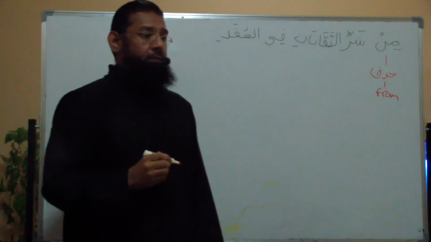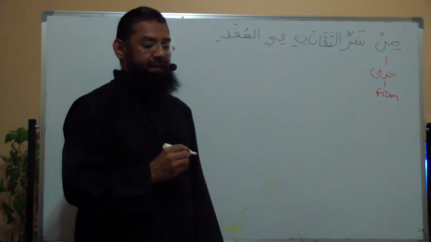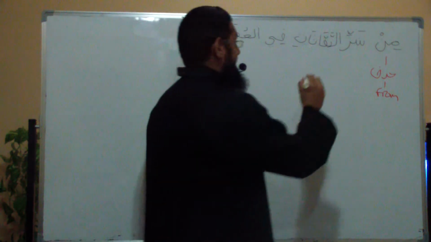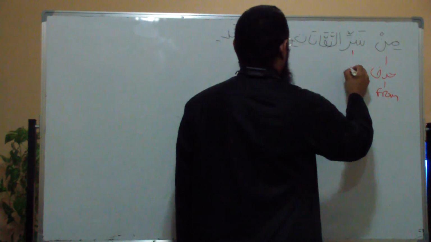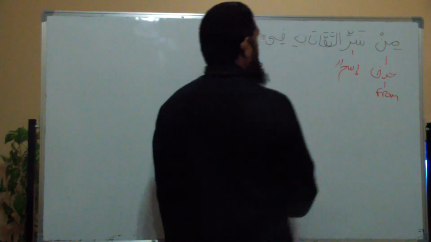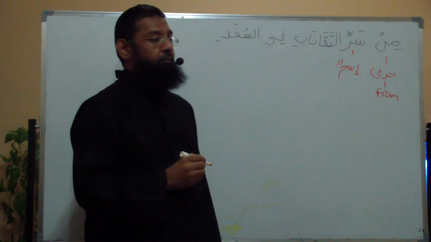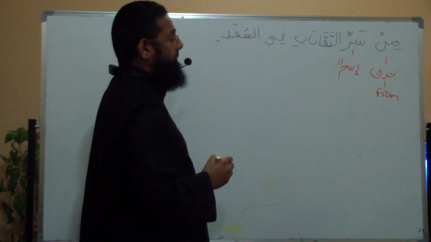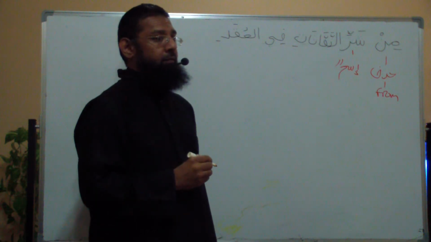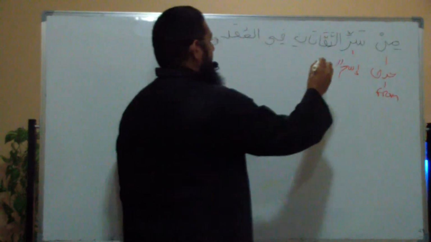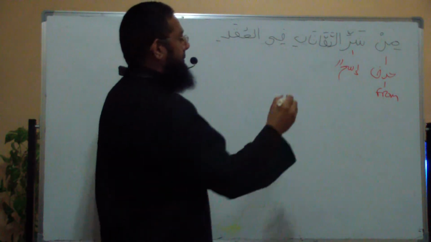Shar, what type of word is that? Ismun. Yes. And what gives you the clue that it might be ismun? You just look at the pattern, the pattern might just give it away, okay.